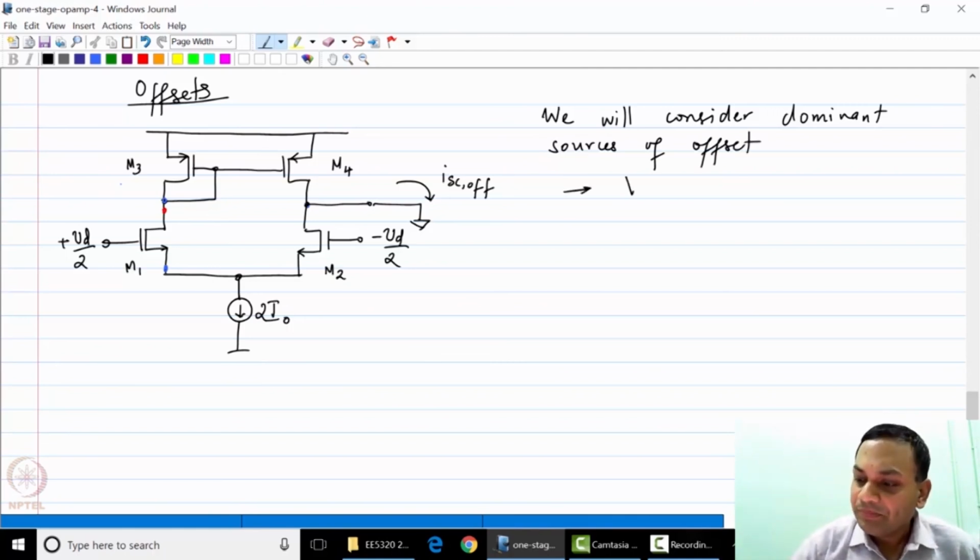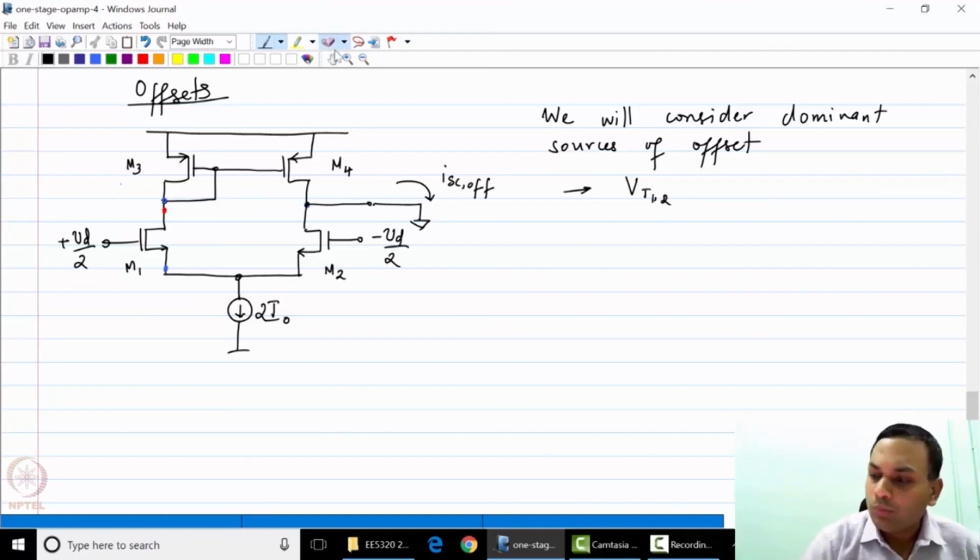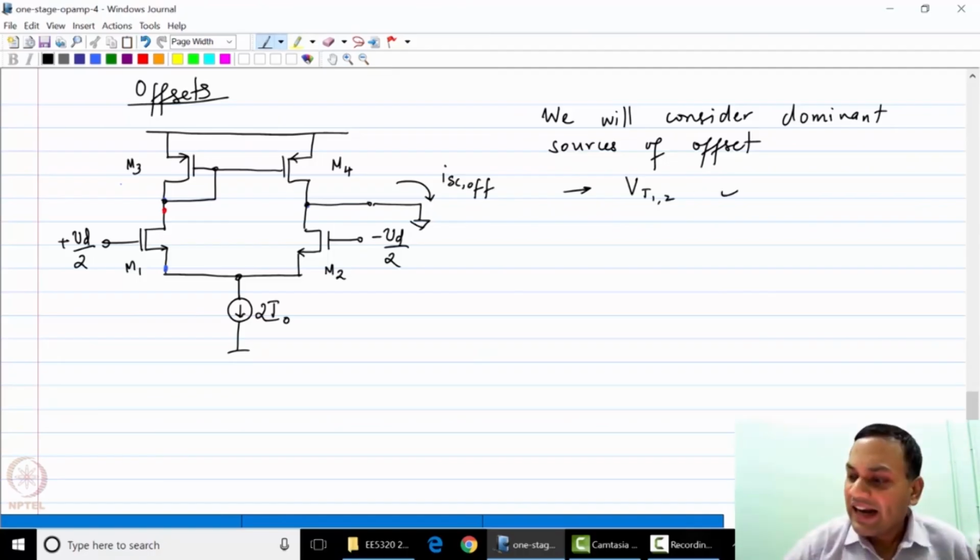These are Vt of 1 and 2, the threshold voltage mismatch between 1 and 2, and the threshold voltage mismatch between 3 and 4.